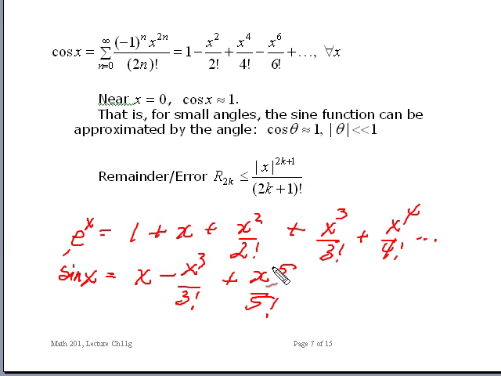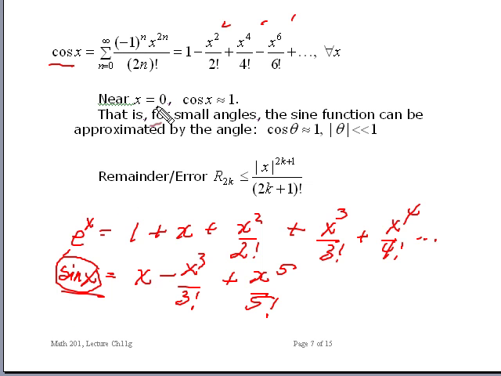Well, you see all these odd powers here? Of course, that makes sense. Sine is odd. Now look at cosine. Cosine is even. What do we see here? We see even powers. The signs alternate, but we have even powers with cosine x, and odd powers with the sine of x.